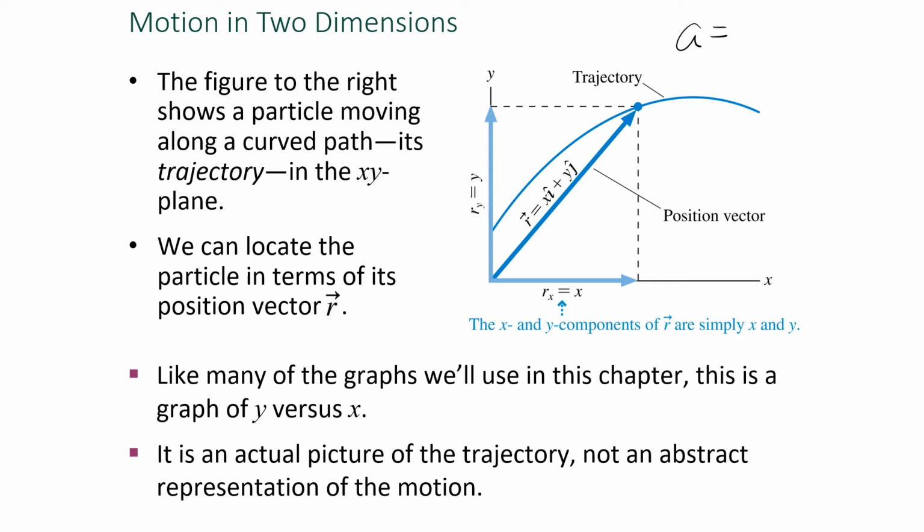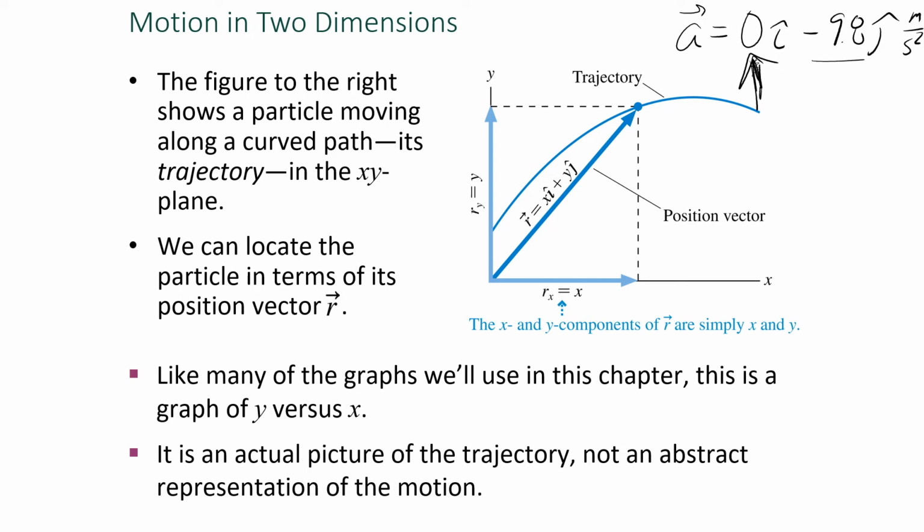So it's very common that our acceleration is going to be 0 i hat minus 9.8 j hat meters per second squared. Now, if we had some external force happening in the x direction, that would change our acceleration in the x direction. But for most of these problems, until you get into physics 2, we will usually assume that our acceleration is 0 unless stated in the problem for the x direction.